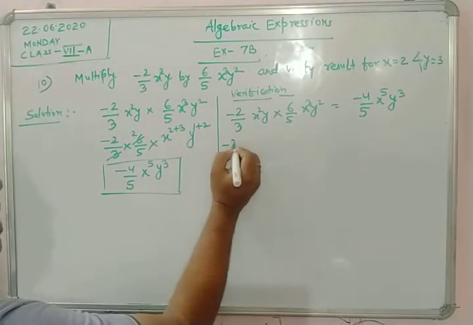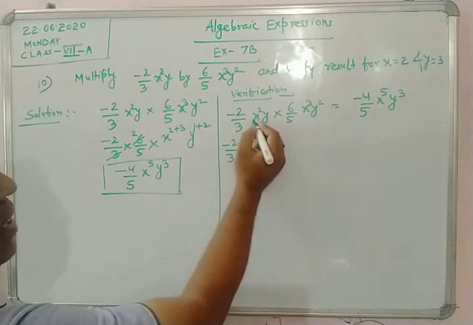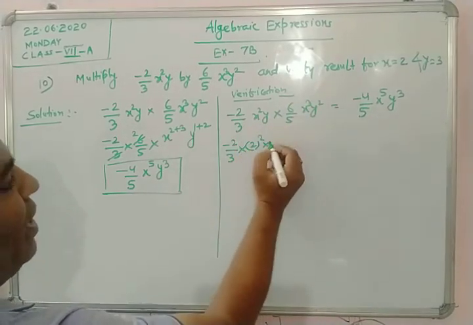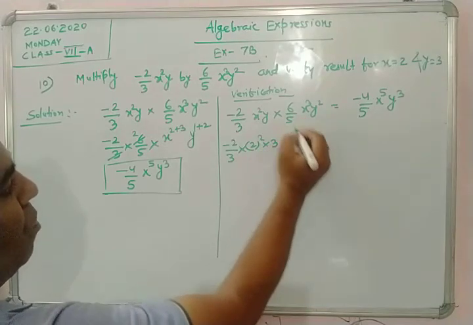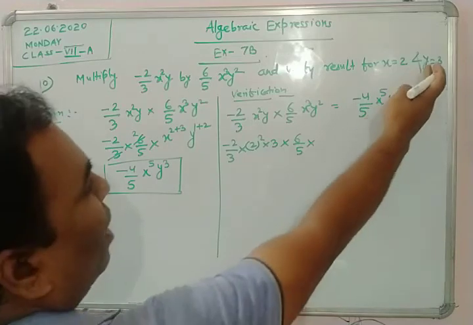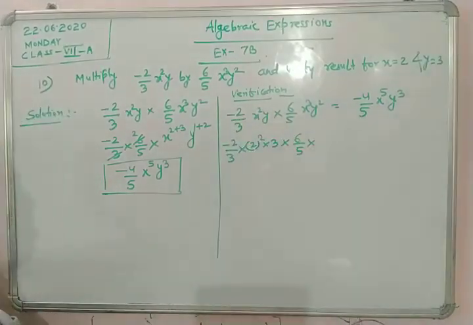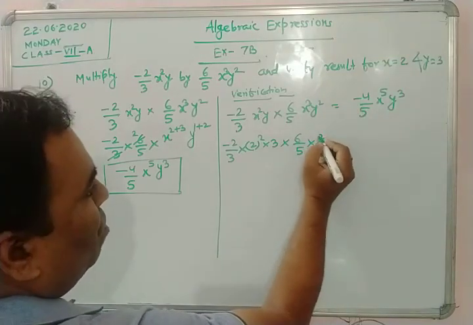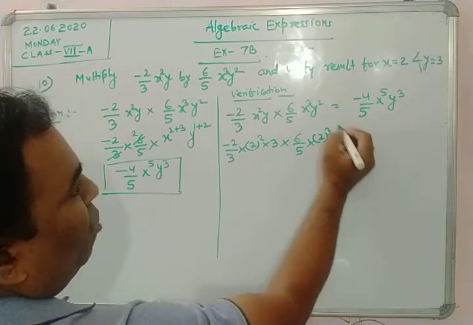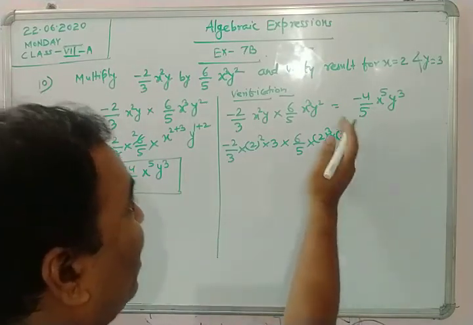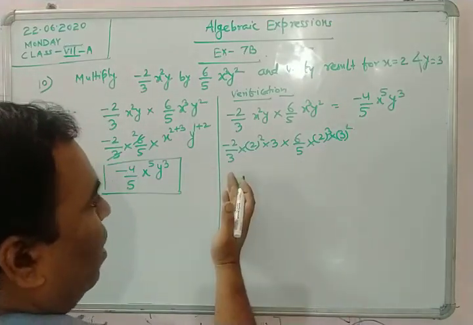So I am writing minus 2 by 3 here, x square, that means 2 square, y is 3 into 6 by 5. Are you understanding what I am doing? I am just placing the given values for x and y. X is again 2, so 2 cube into y square, that means 3 square. Okay, so this is LHS part.